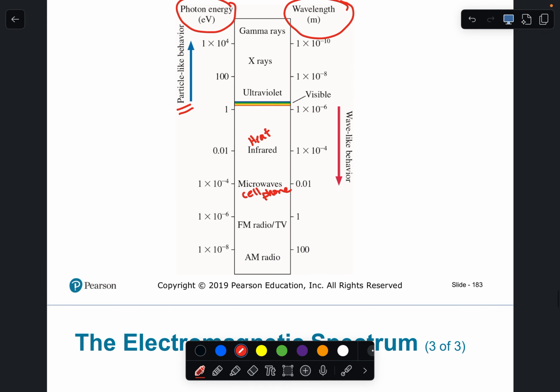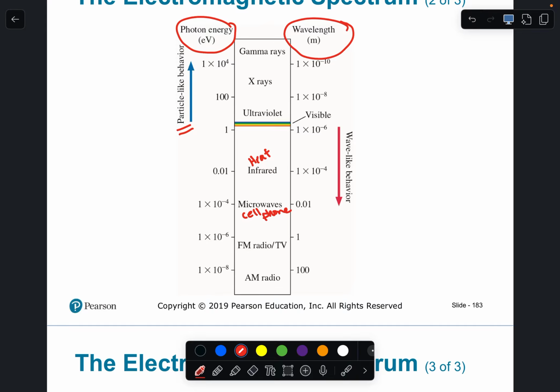Wave-like behavior happens when you have large wavelengths and little energies. And just as a reminder, the frequency is inverse to the wavelength. So here where you have a small wavelength, you actually have large frequencies, and here you have small frequencies.